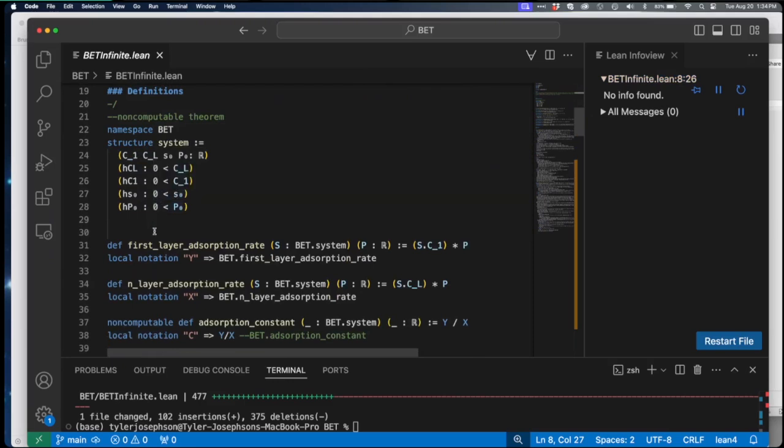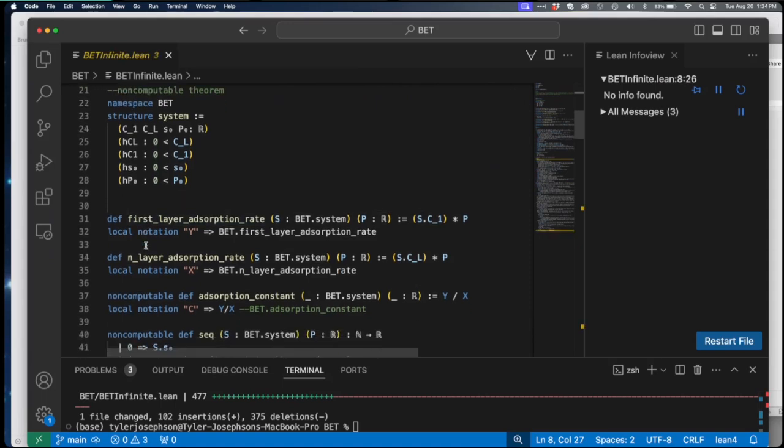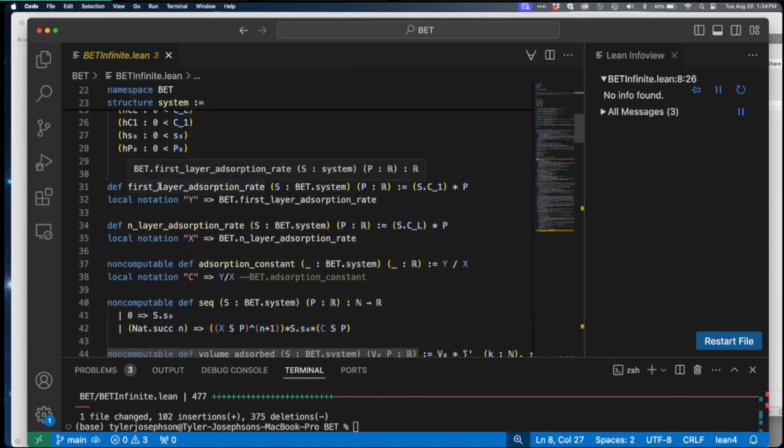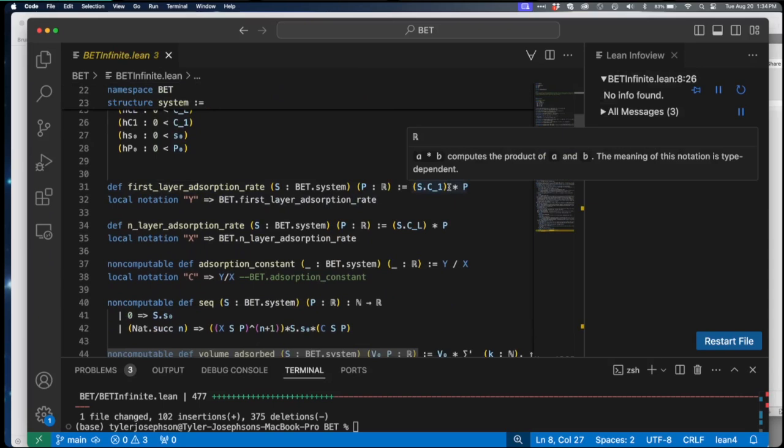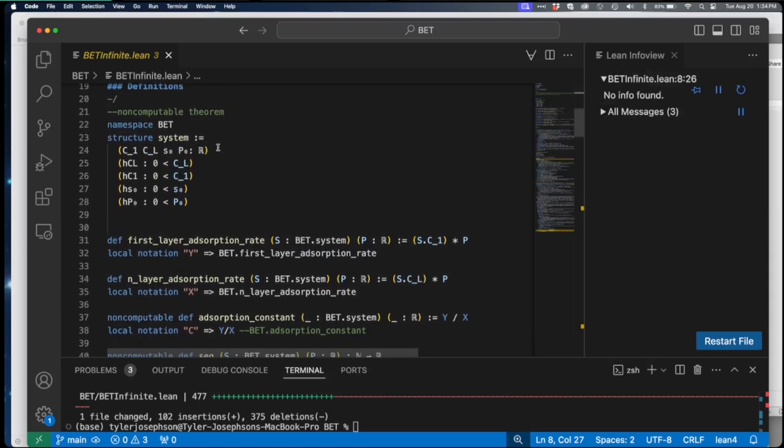We could have potentially put these, well, and then we have these definitions. We're using first layer adsorption rate to refer to the C1 times P. C1 is a variable in our structure, and then P is just a variable inside this function.